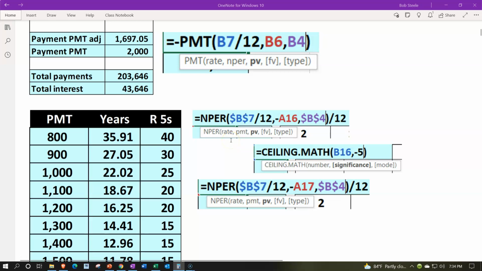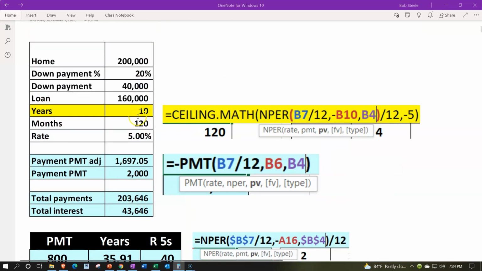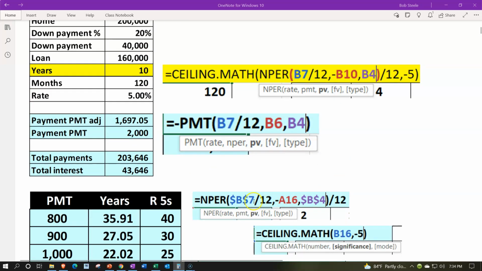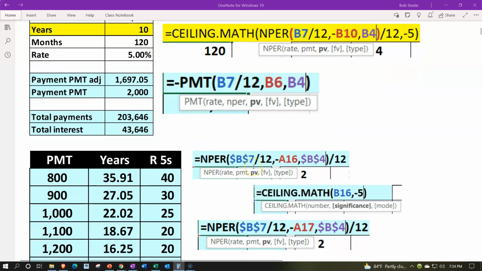Then we're going to take brackets, the rate's going to be that 5%. We're going to make it an absolute reference, so when I copy it down, it'll not move down. We're going to have $ before the B and 7, absolute, divided by 12 to get the monthly amount, comma, the payment amount. The payment amount now is going to be that $800.